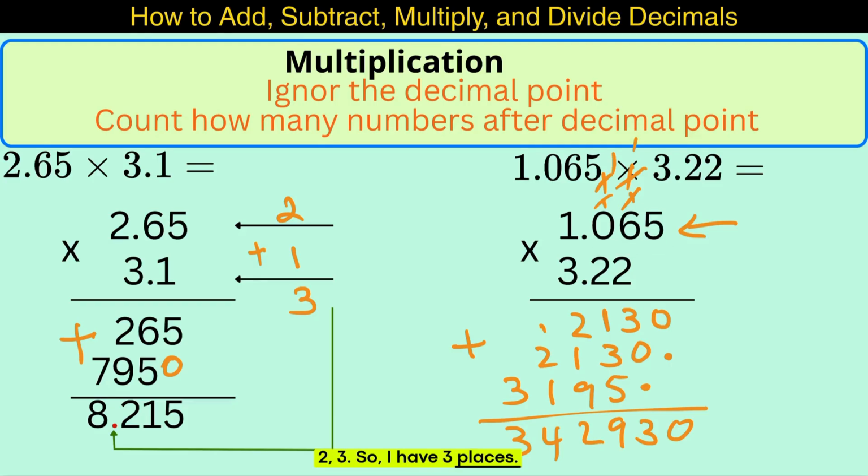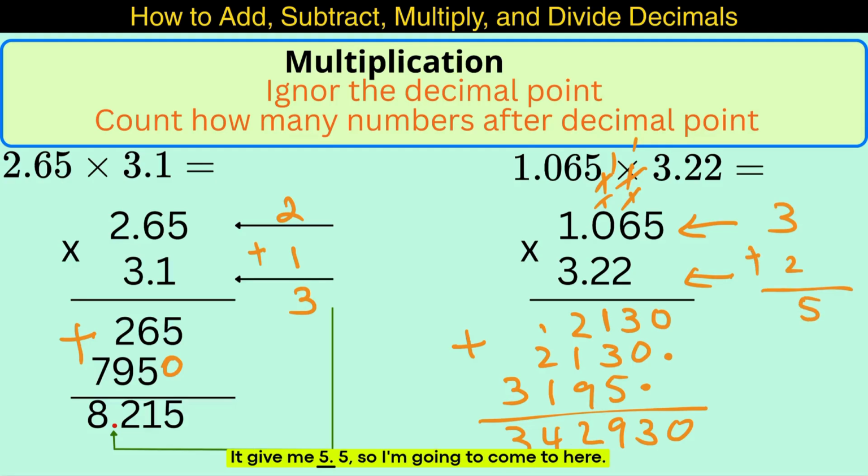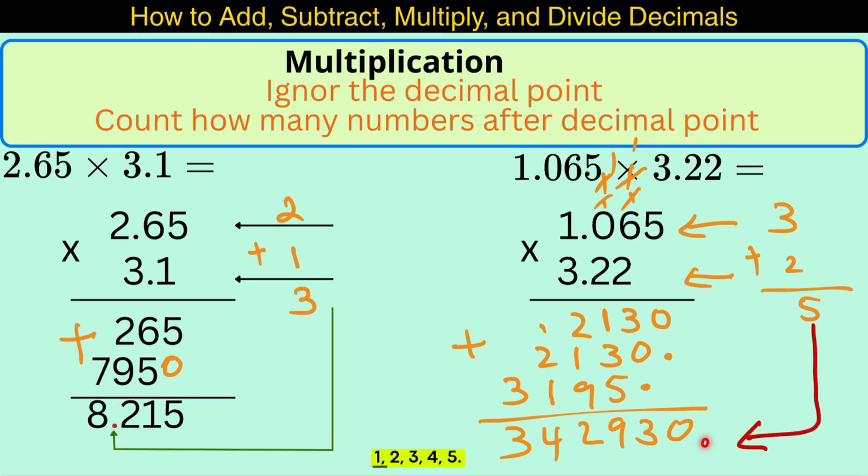So I have 3 places. Here, I have 1, 2. So I'm going to write 2, then add them. Will give me 5. So I'm going to come to here. Then start from the left. 1, 2, 3, 4, 5. This is the answer.